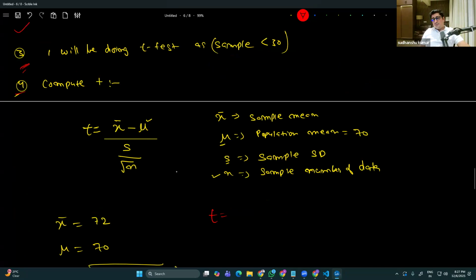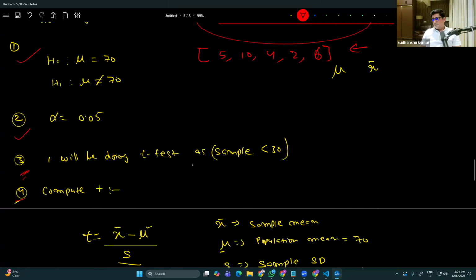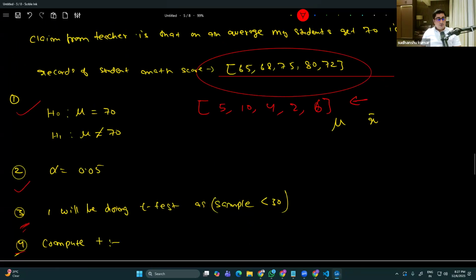Now tell me what is the value of t. Let me write it down over here: 5, 10, 4, 2, 6. And the teacher's claim is the same, 70 marks. The teacher has claimed that a student used to get 70 marks.